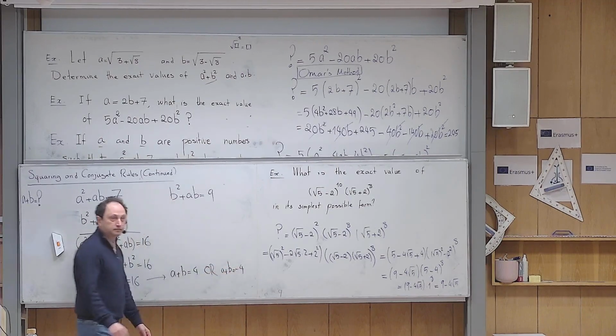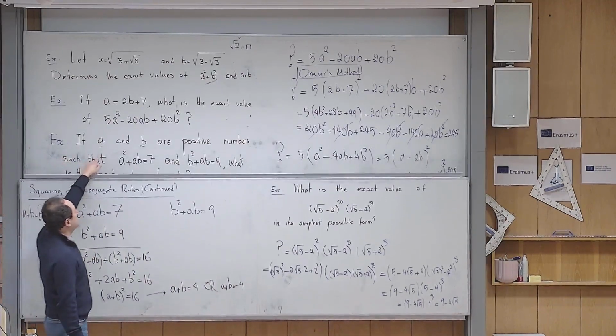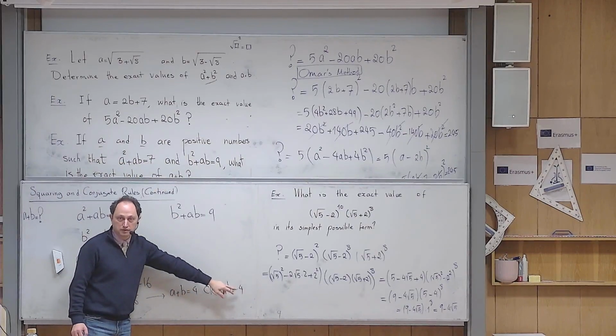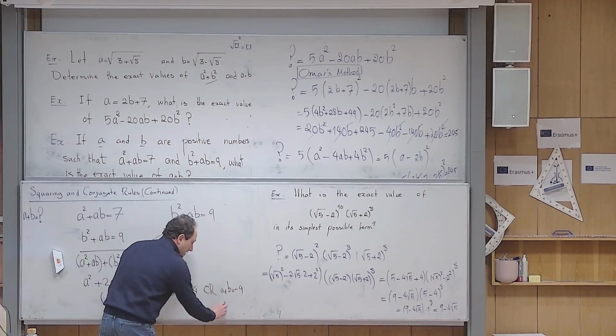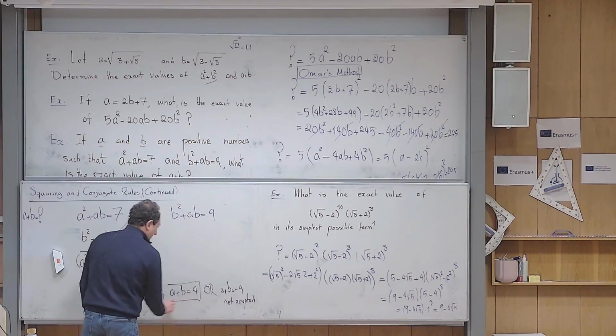But because the problem tells me that a and b are positive, the sum cannot be negative. So you should write that this is not acceptable since a and b are positive, and this is the only answer.